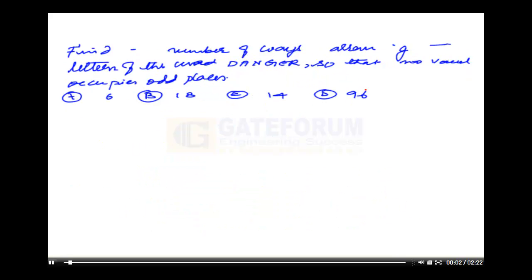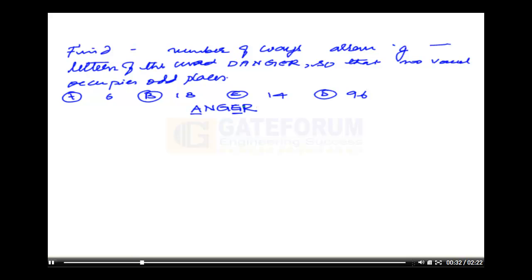You are given the word DANGER. This contains totally 2 vowels, that is A and E. The question here is, we have to find all possible words so that no vowel occupies odd places. It is a 6-letter word.